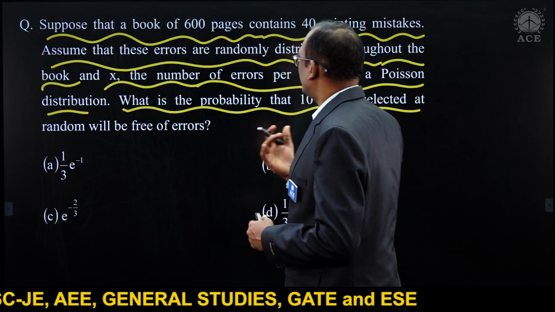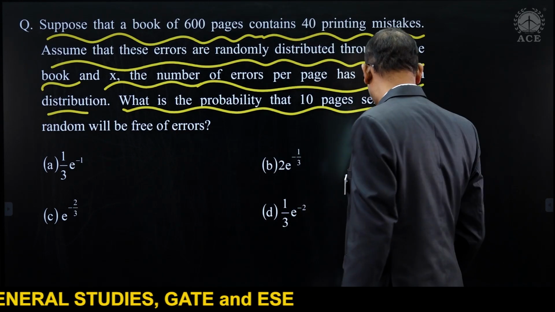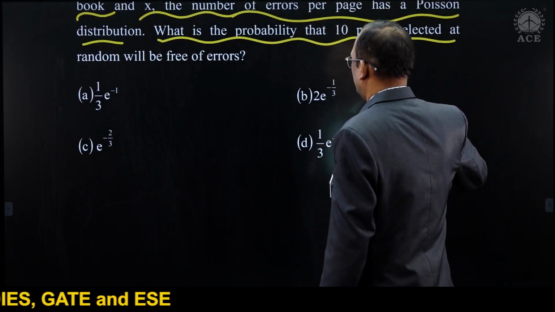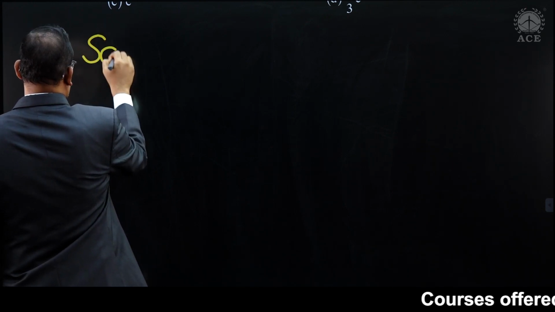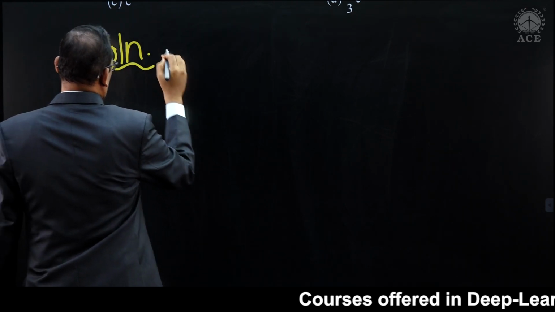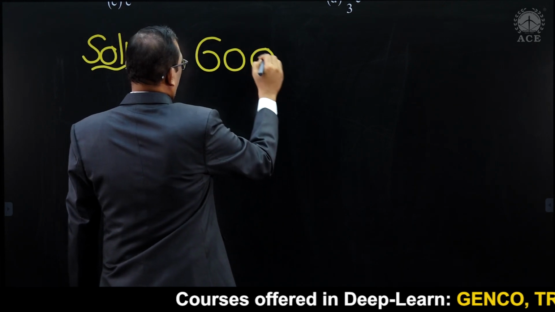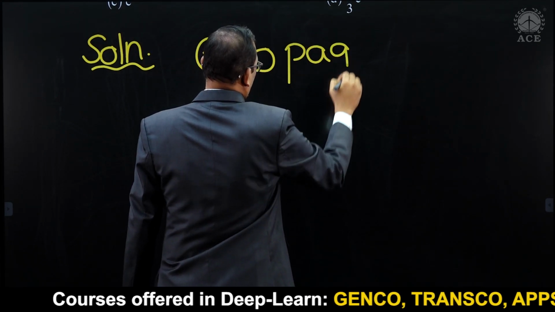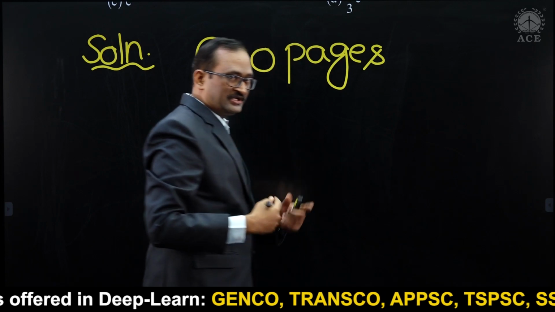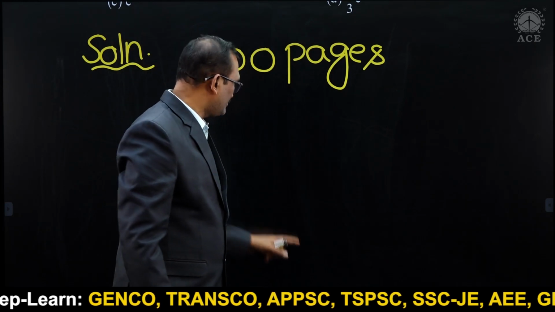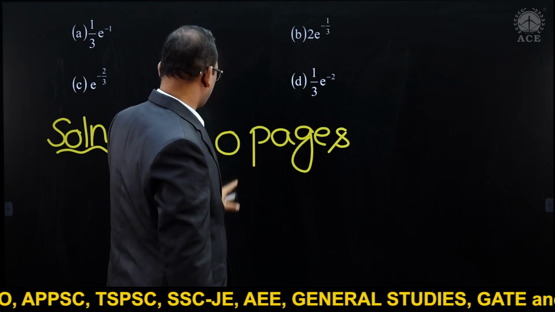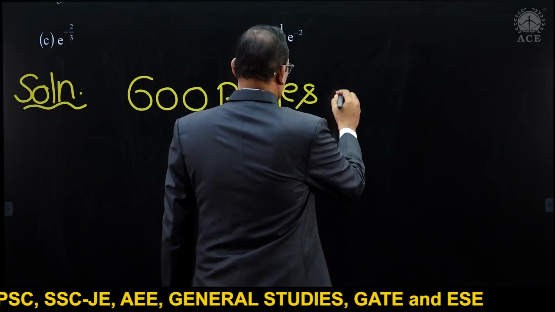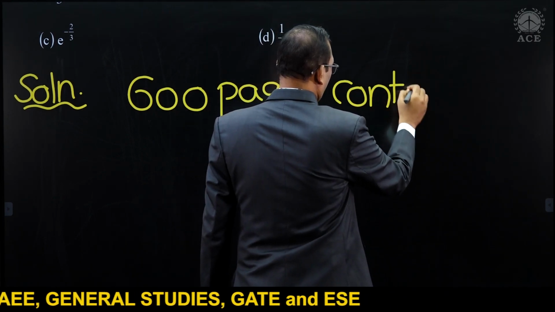So therefore, let us find, please do remember, 600 pages book containing how many errors? 40 errors, I think. 40 printing mistakes means 40 errors.